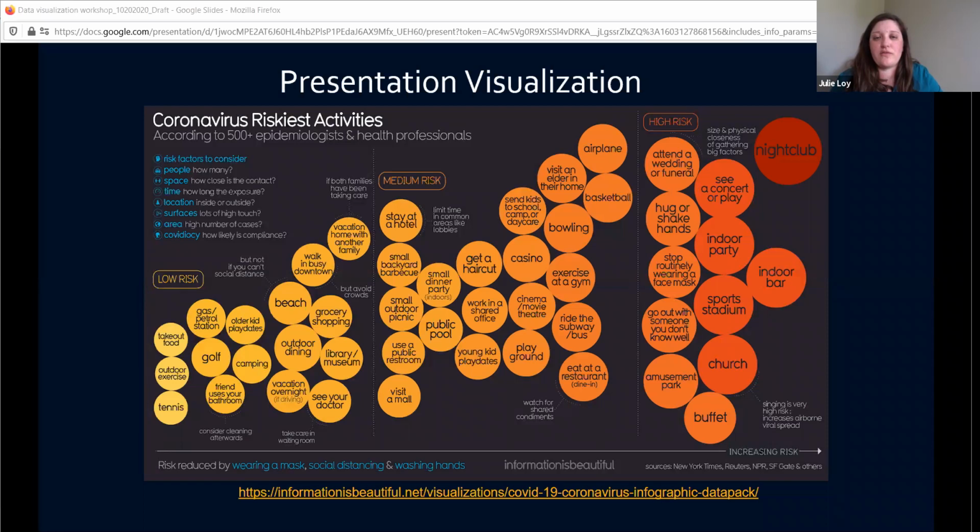This one is more presentation mode because it's not really intended to be interactive. There's no user input or anything like that, and it's pretty much just used for communication. So you can see it's the coronavirus riskiest activities. It goes from low risk, medium to high risk, pretty basic. Not a lot of interaction happening right now.